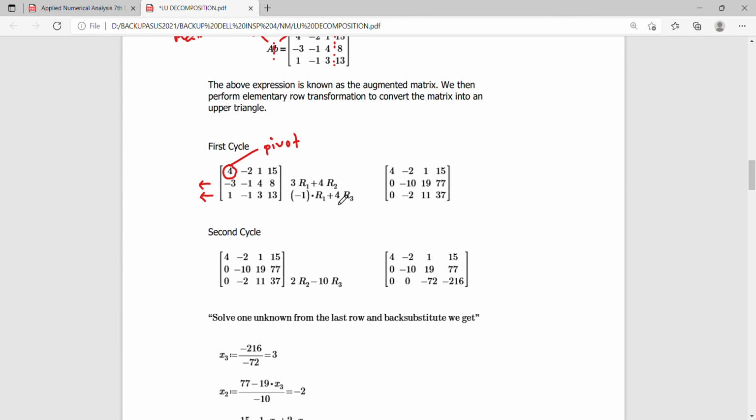And also, we do it on the second. So this is the pivot multiplied by the row in question plus, so there's a negative value here, negative 1, R1, which simply refers to the multiplier again.